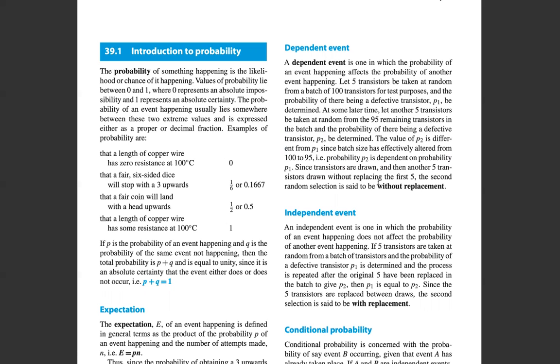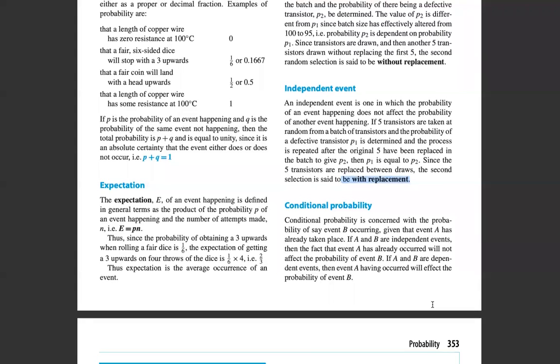The chances of you picking a red ball the second time depends on what you picked the first time. So the color ball you get the first time affects the color ball you get the second time if you don't replace the ball. But if you're replacing, right? If you're drawing with replacement, then what you draw the second time doesn't really affect what you drew the first time.